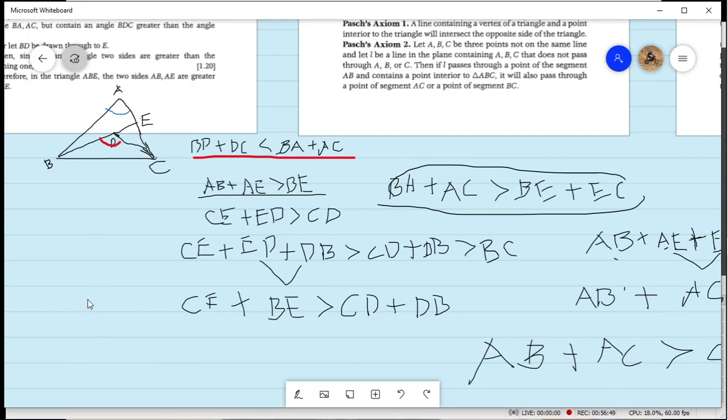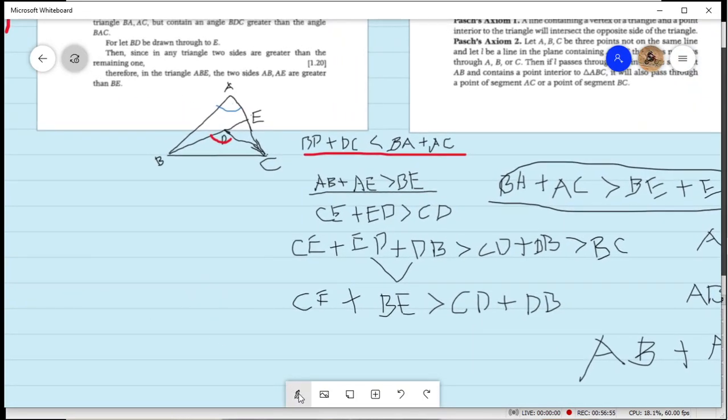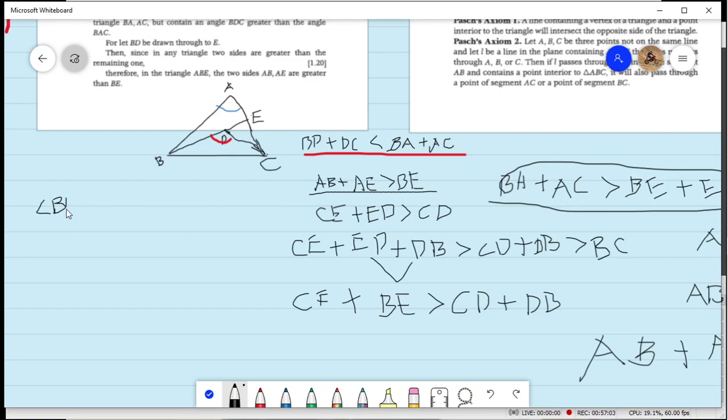Hence, by the proposition proven earlier, we can say that angle BDC should be greater than angle CED, this remote interior angle with respect to this exterior angle.